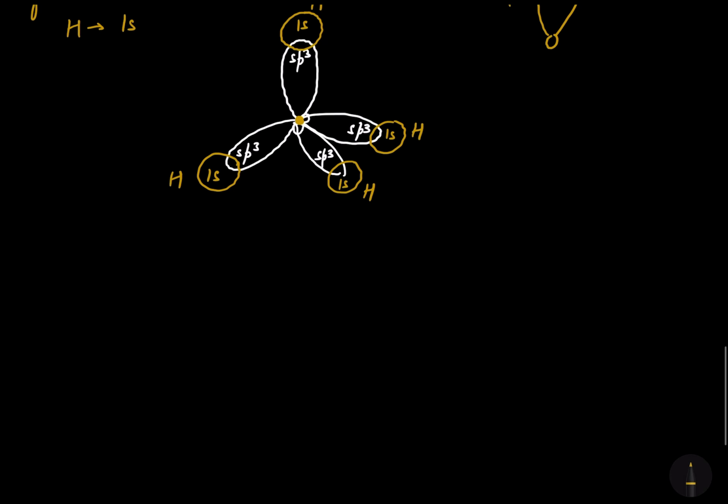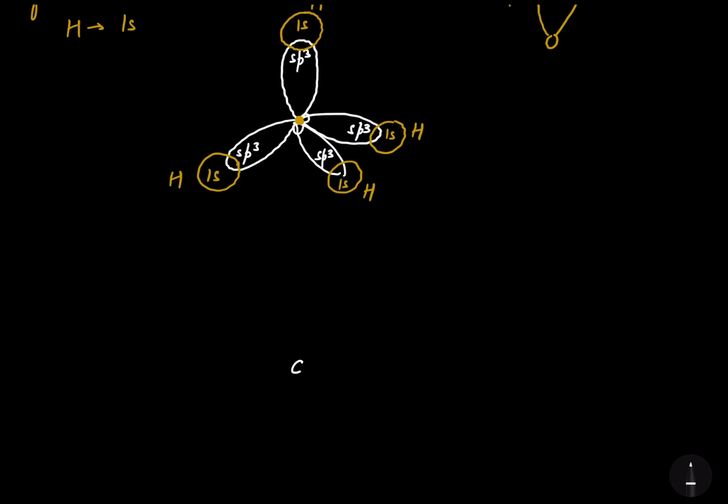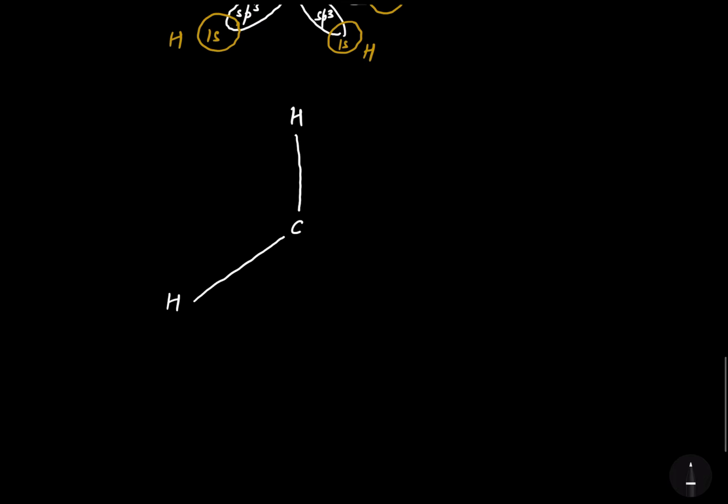So how can I write it? Let me show you. Here's the carbon, here's the hydrogen, and this is the hydrogen. I'm trying to draw this diagram in 3 dimensions. These two bonds are actually on the screen. This is called a wedge. Wedge means this hydrogen is coming out of the screen.